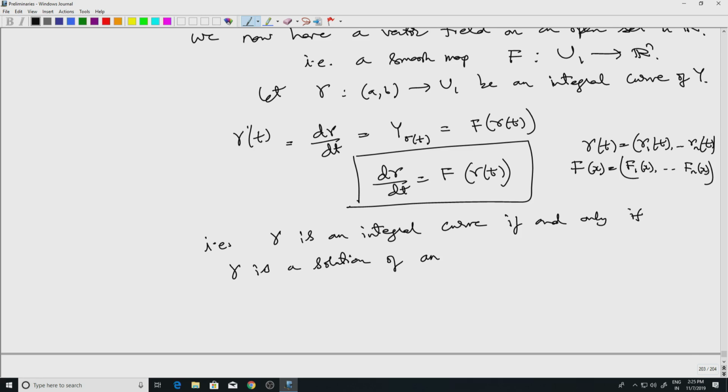If one uses this coordinate expansion of gamma and f, then this is equivalent to d gamma 1 by dt equals f1 of gamma t, and so on, up to d gamma n by dt equals fn of gamma t.